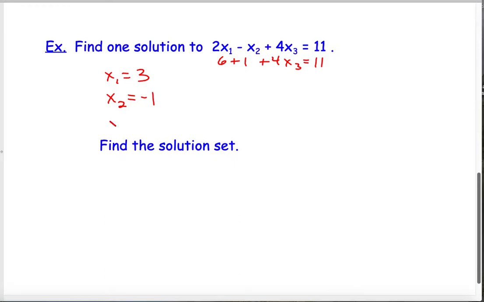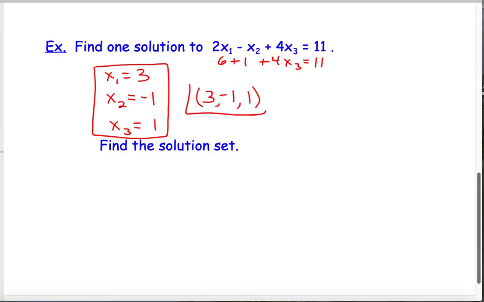Now for x sub 3, I can't just pick a value, it has to be a set value, and that's going to be positive 1. So one solution, if you write this as an ordered triple, we could either write it this way, specifying what each variable equals, or you could write it as an ordered triple. And so that would be one solution. Not that that's any better than any of the other solutions. So for example, 0, negative 7, 1 would also be a solution.